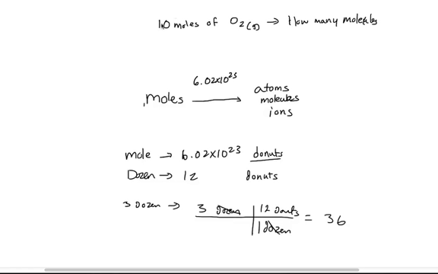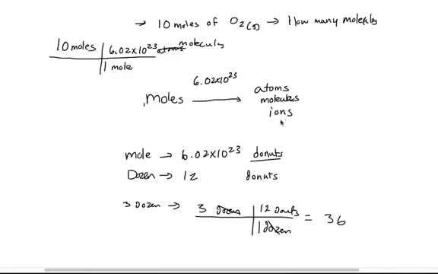Just like that, if we were to use this example right here, we have 10 moles, and then we know for every 1 mole we have 6.02 times 10 to the 23rd atoms, or in this case it's actually molecules because it's O2, not just one thing.